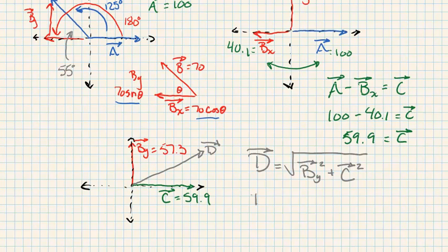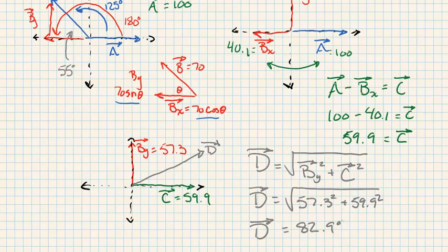So in this case, D vector equals the square root of 57.3 squared plus 59.9 squared. So our D vector has a magnitude of 82.9.